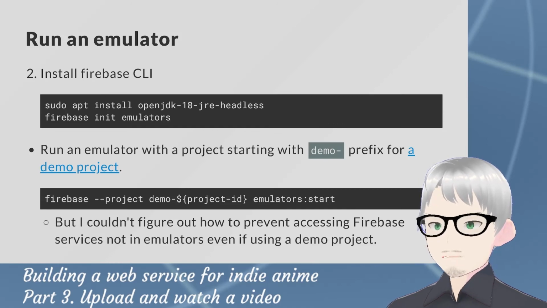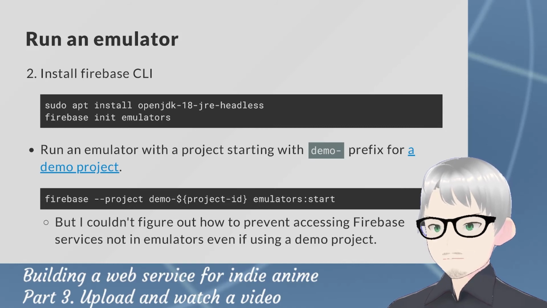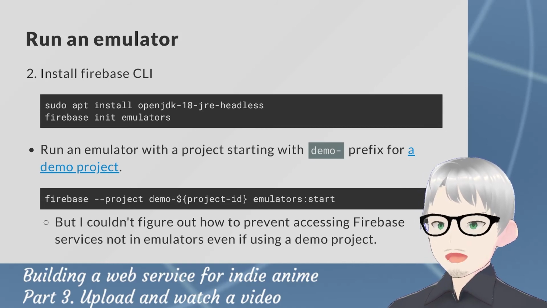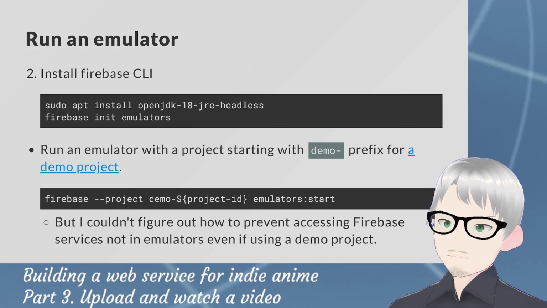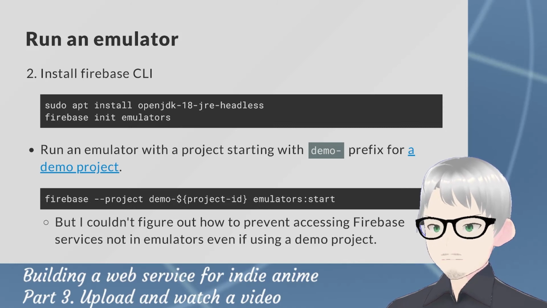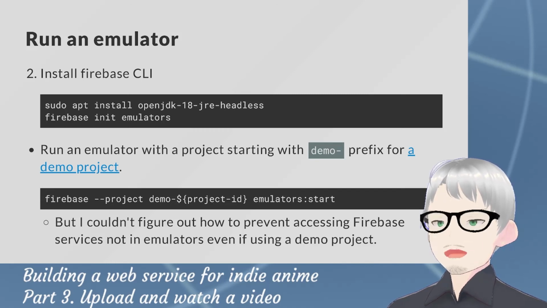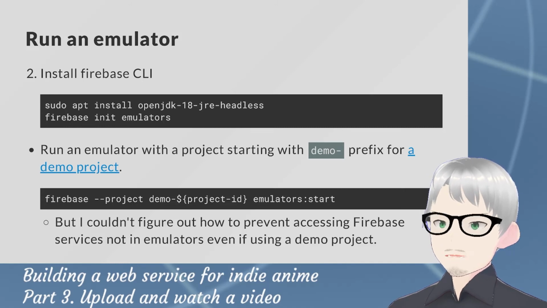In order to install Firebase CLI, I needed to install JDK version 18 at first. Then after that, I just need to initialize the emulators. One thing we need to keep in mind is that if the project ID has the demo prefix, then the Firebase emulator identifies that project as a demo project, and it is supposed to prevent accessing services that are not emulated.